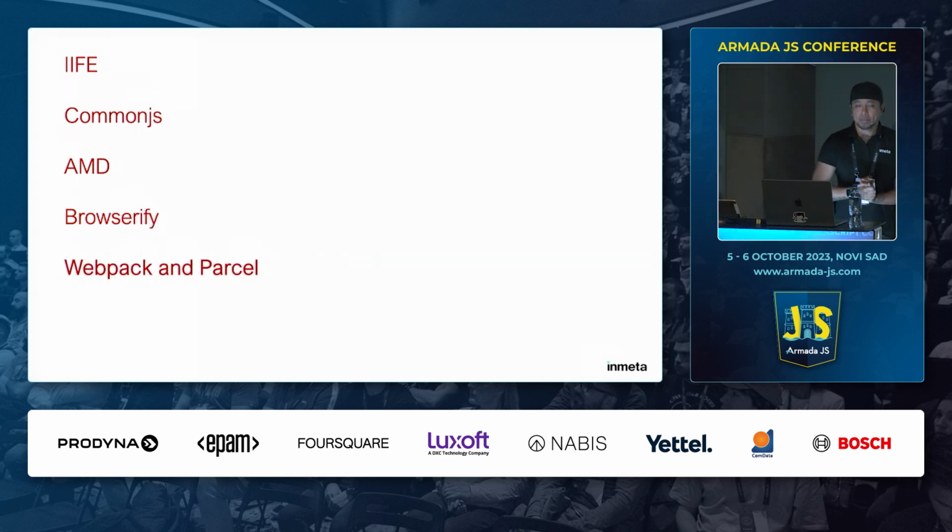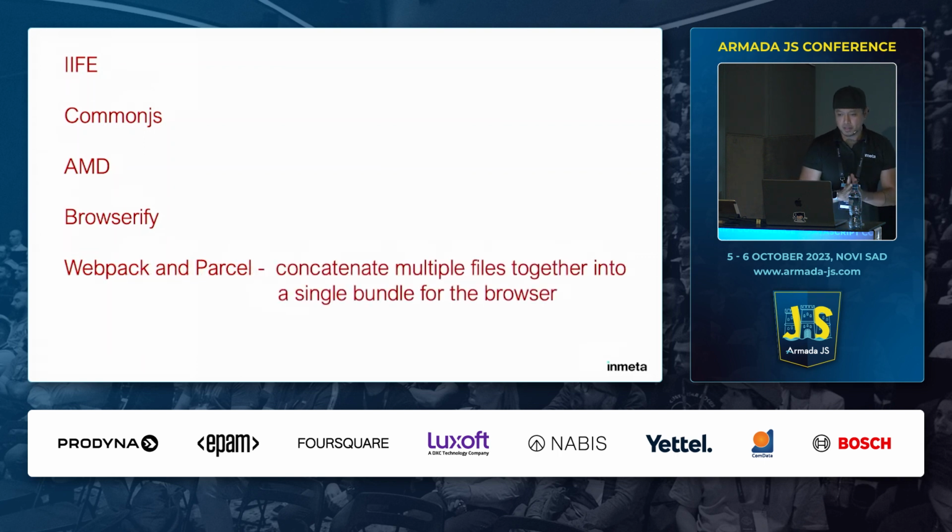And then we have Webpack. This is a module bundler that can do more than what Browserify can do, such as detecting code you don't use to exclude it while combining files, splitting the code and loading it only when necessary, monitoring file alterations, and transpiling code from ES6 to ES5, or older versions of JavaScript, etc. And it can concatenate multiple files together into a single bundle for the browser.